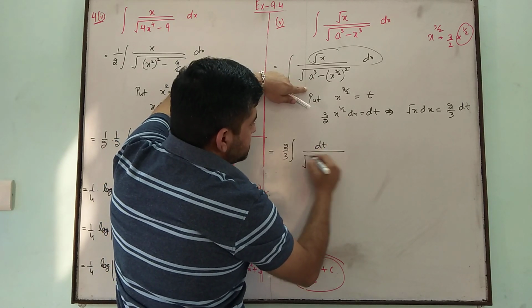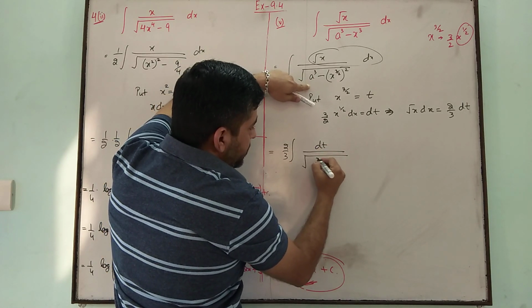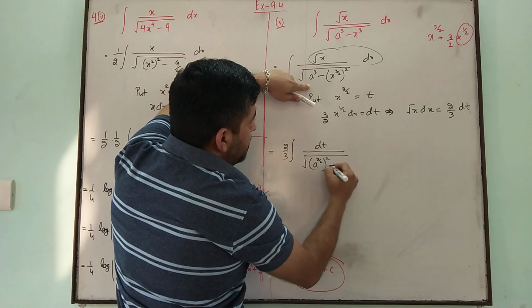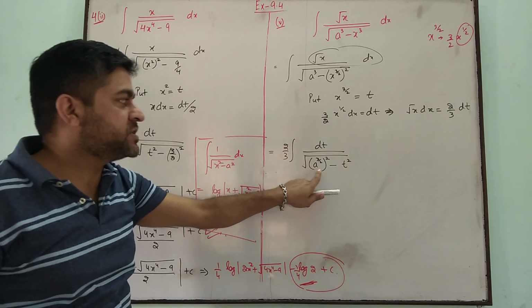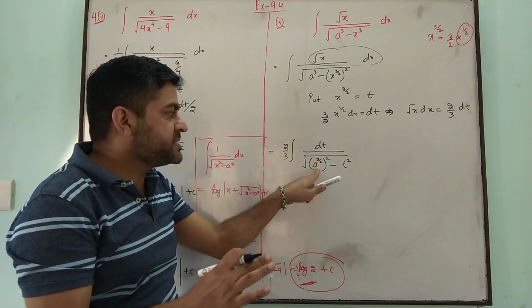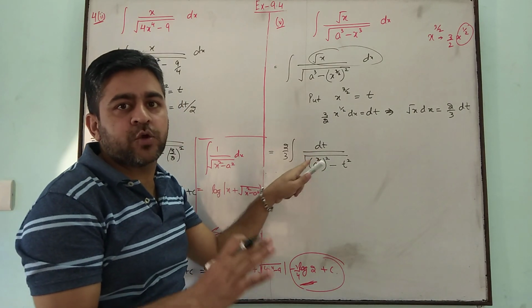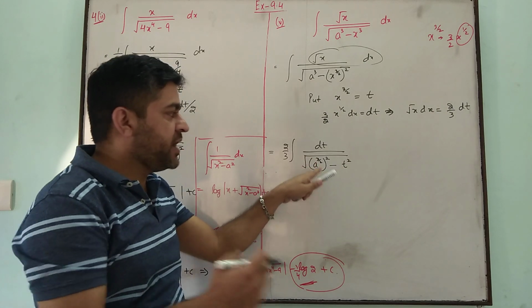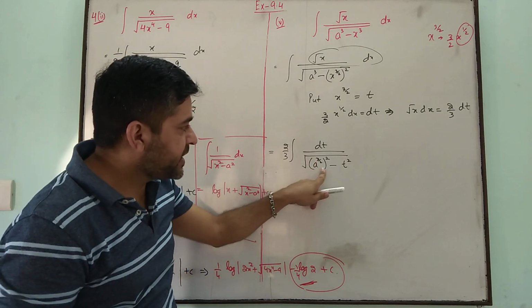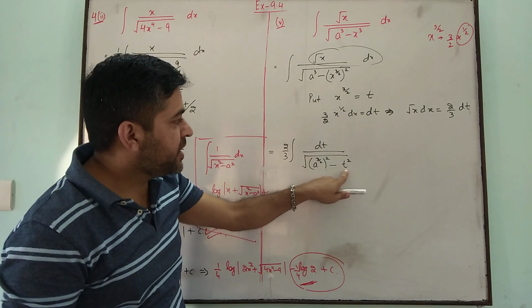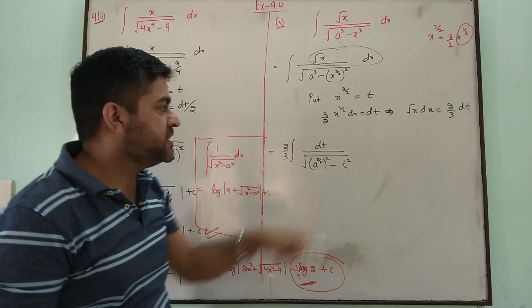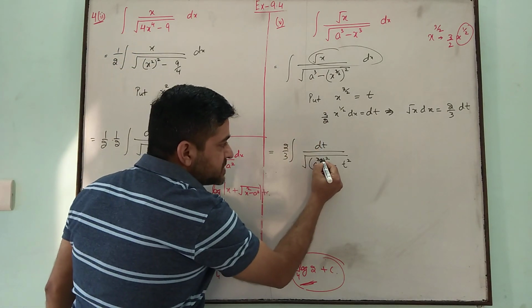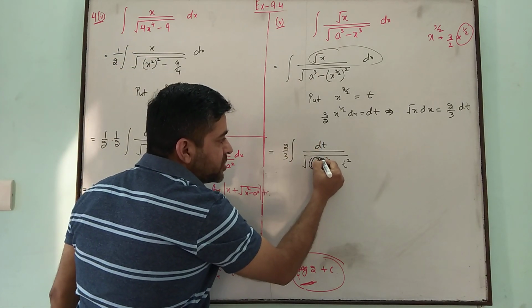This you can write as a 3 by 2 whole square minus t square. Variable square, constant hardly matters, it is a or a to the power 3 by 2 or 5 or 7 or root 7, hardly matters. So constant can be like this also. Variable here is x square, means here with respect to t it is t square. So a will be considered now as a to the power 3 by 2.